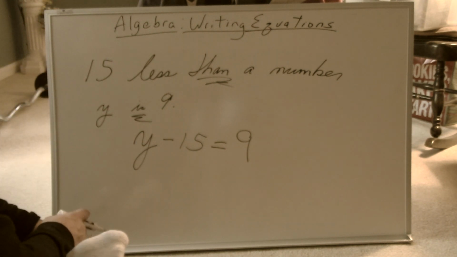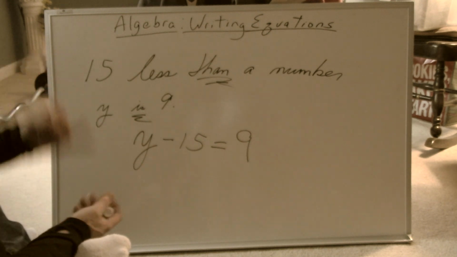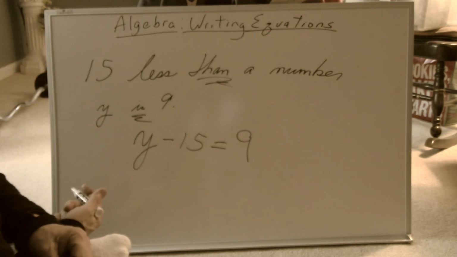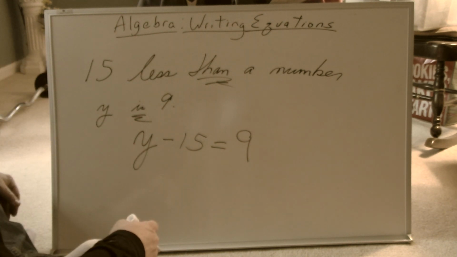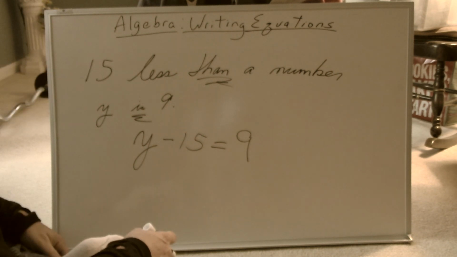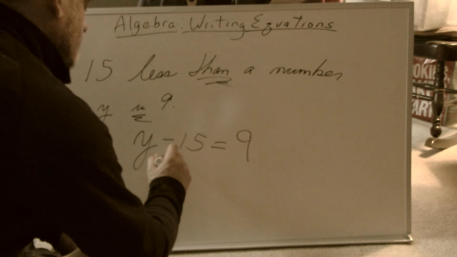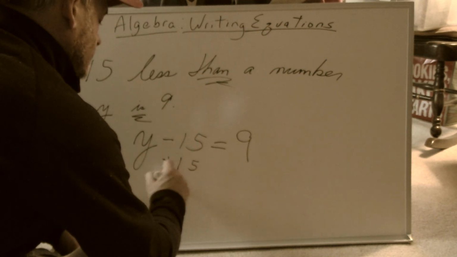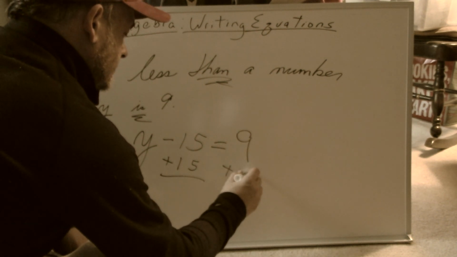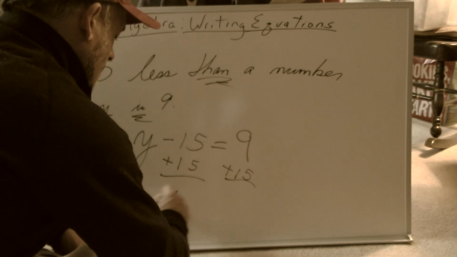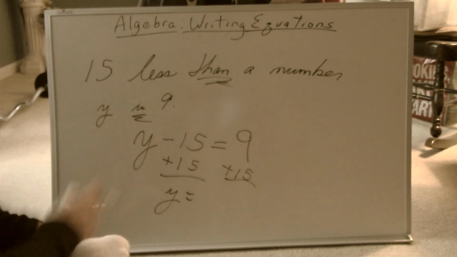Now let's solve it. Well, we have a 15 and a 9, so we can combine them because we're supposed to. There's no distribution here. And how do I know there's no distributing? Because there's no parentheses here. If there was a parentheses or even a bracket, then I would distribute. So now I go plus 15, plus 15. y equals, well, what's 9 and 15?